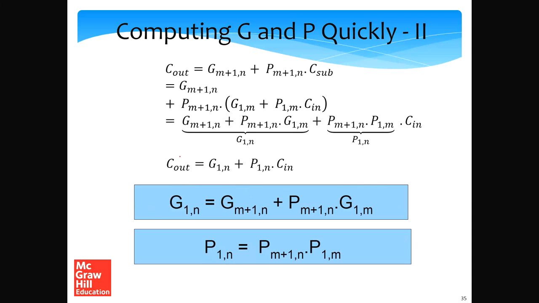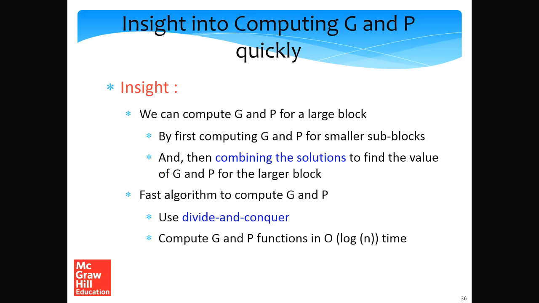We can then use this equation to, given the carry in, compute the carry out, right? So what's the idea? We take smaller subblocks, compute their GNP functions, and combine the solutions for the smaller subblocks to find the generate and propagate functions for a larger block, and so on and so forth.